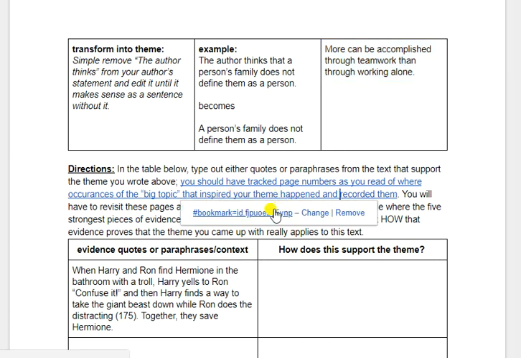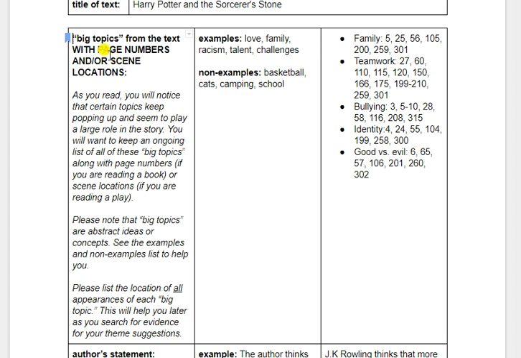So if I click on this, it's just going to bring me back up here, okay, showing you that this is where you are getting your evidence tracking from. So I ultimately decided on teamwork, and I had all these page numbers here of where I saw J.K. Rowling writing about the topic of teamwork.